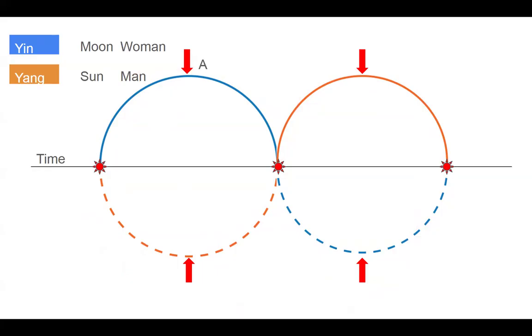So we have A, B, C, and D. These are the 4 points. These are the 4 sections of a frequency of any energy. All energies have a 4-fold cycle to them. Why do they have the 4-fold cycle? Because they have a high and a low, and they have 2 in-betweens.